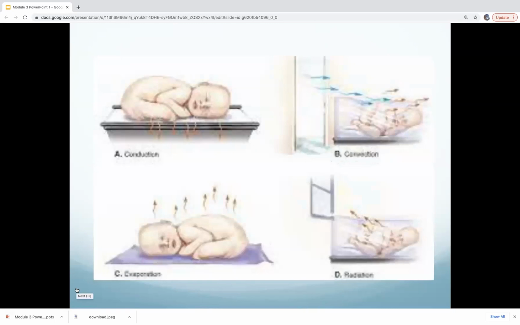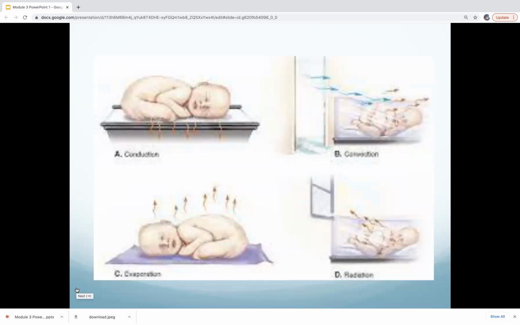Your textbook has a really nice picture in chapter 15 of the 4 mechanisms of heat loss. But what we have is, letter A is conduction. Letter B is convection. Letter C is evaporation, and D is radiation. So what did you guys have for these?